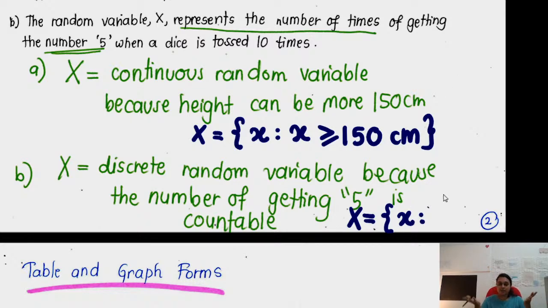The number 5 can happen 0 times, 1 time, 2 times, 3 times, 4 times, all the way until 10 times, right? So 0, put the X in the middle, and until 10 times. So it can happen from 0 to 10. What it means is it can happen 0 times or 10 times also, number 5 coming out after you roll the dice.